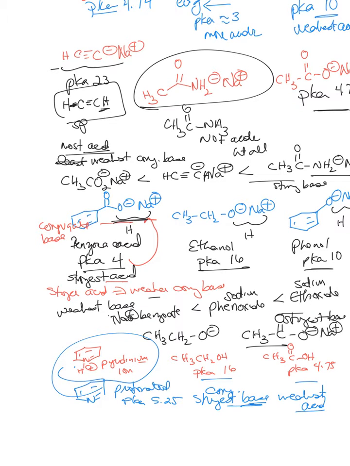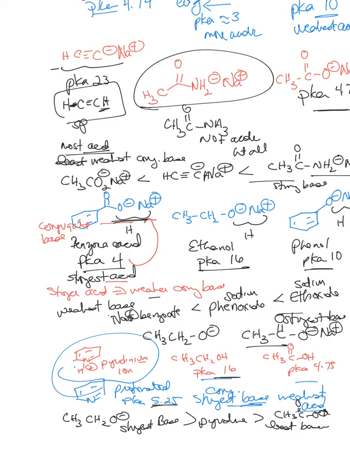Your weakest acid has a pKa of 16, so the ethoxide is your strongest base. And then you're going to have this one, 5.25, so then pyridine. And then your least strong base will be the sodium acetate.